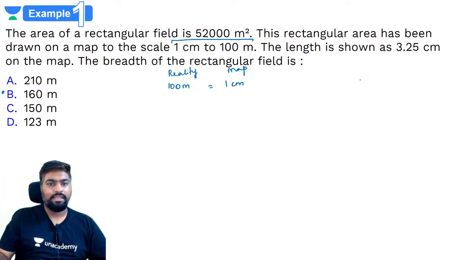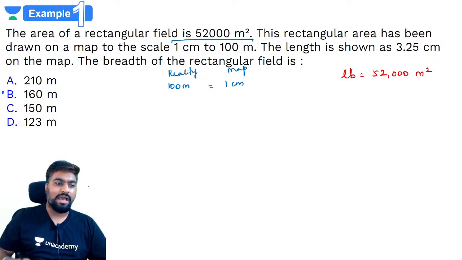They've given the area, that is length into breadth is 52,000 meter square. Length is shown as 3.25 centimeter on the map. Map पे length क्या है? 3.25. So in reality what will it be? Into 100 और meters में हो जाएगा. So 325 meters.